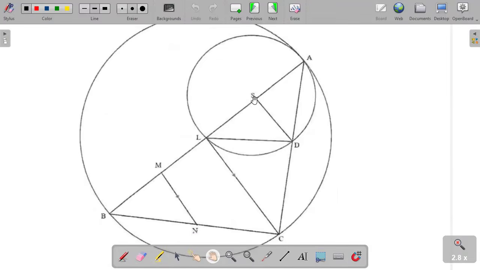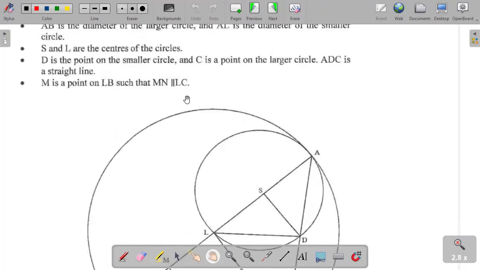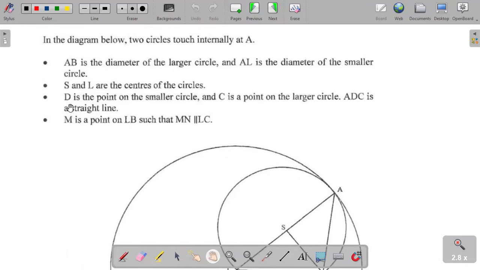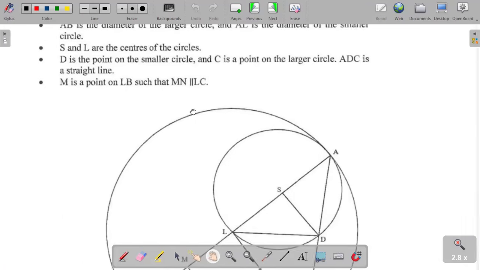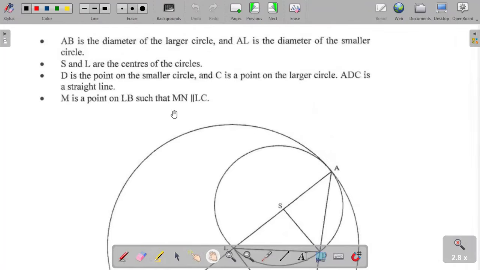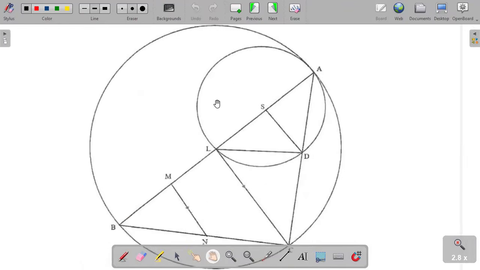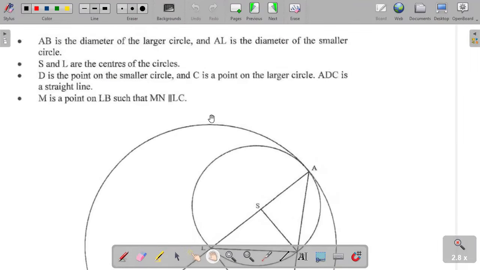D is a point on the smaller circle, and C is a point on the larger circle.